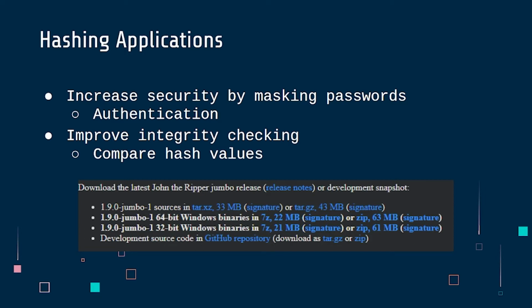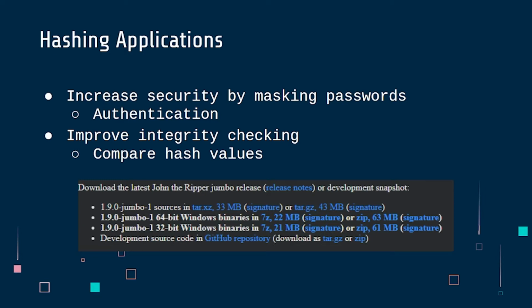How does it know that you entered the right password? Well, what Google will do is that when you enter your password, it's going to hash the password that you entered, and it's going to compare that hash to the password hash that it has in its database. If those hashes are the same, that means you entered the right password.